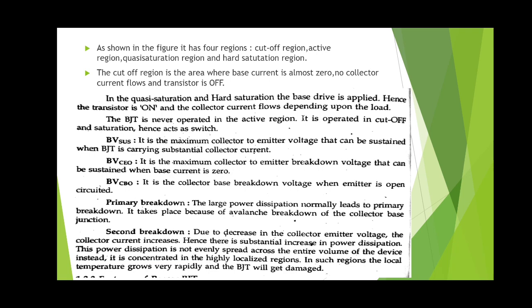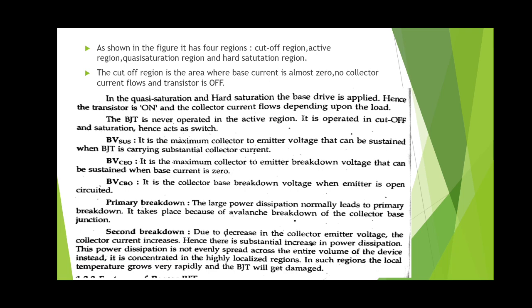In these regions the local temperature grows very rapidly and the BJT is damaged, and thus the second breakdown is caused. One definition I want to state here is about avalanche breakdown. Avalanche occurs when the carriers in the transition region are accelerated by the electric field. That type of breakdown is called avalanche breakdown.